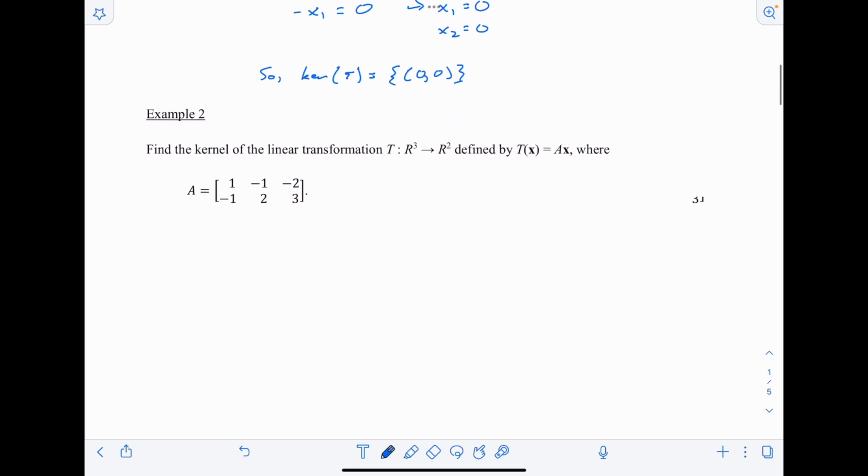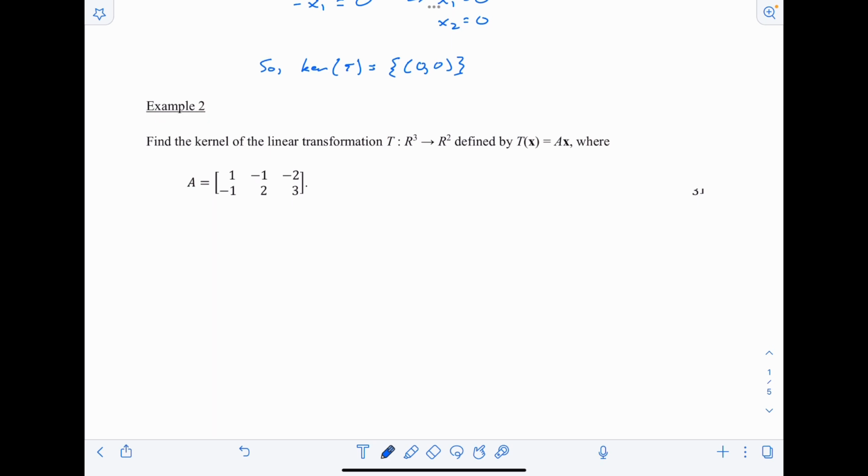So we're going to again find the kernel, this time of the linear transformation mapping R3 to R2, defined by T of x equals A times x, where A is the matrix with rows 1, negative 2, negative 1 and 2, 3.